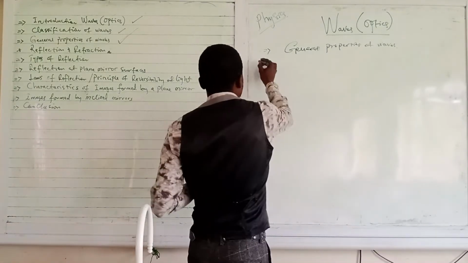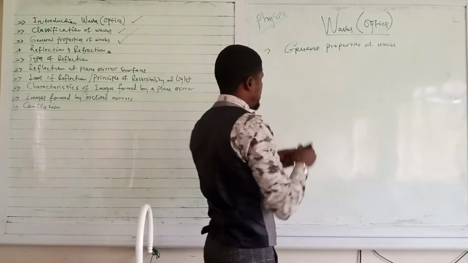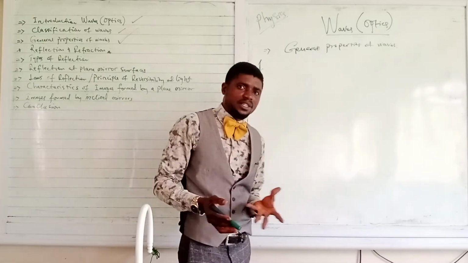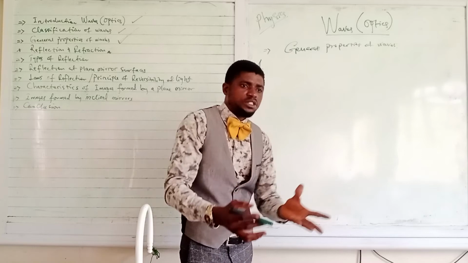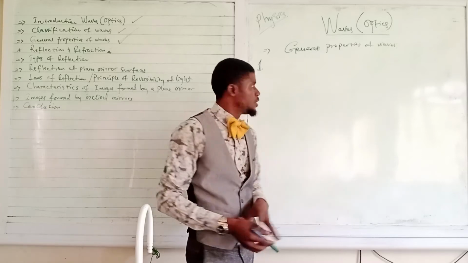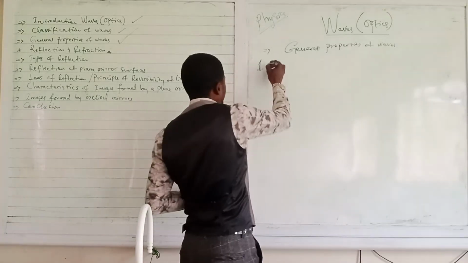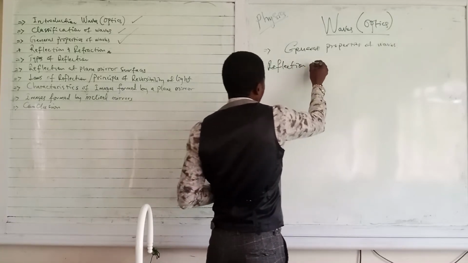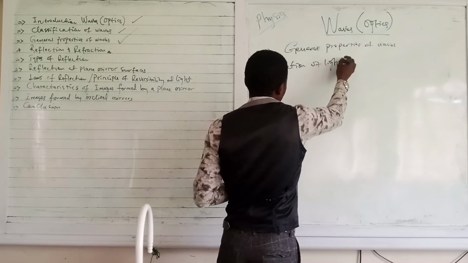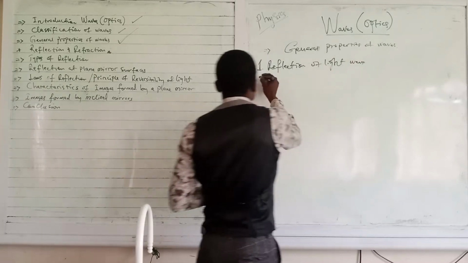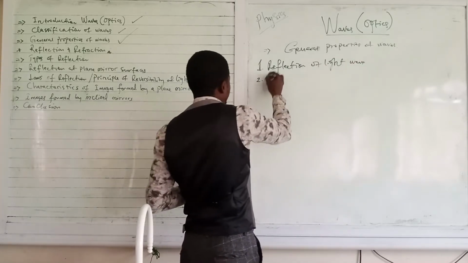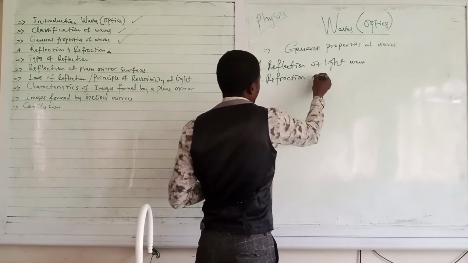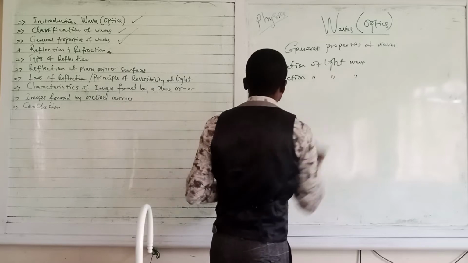Number 1, properties. By properties we mean the behavior of light waves as they are propagated, as they travel through space and out of space. Number 1, we have reflection of light waves. Number 2, we have refraction of light waves.